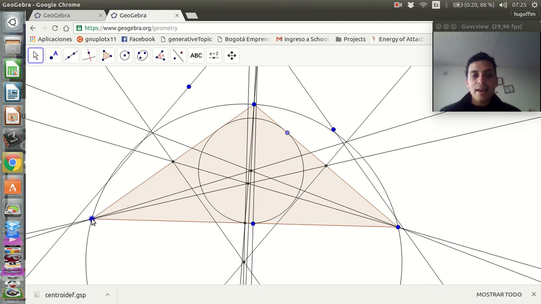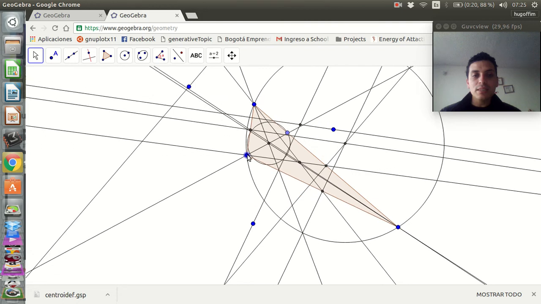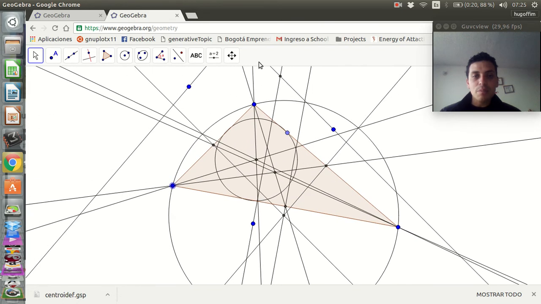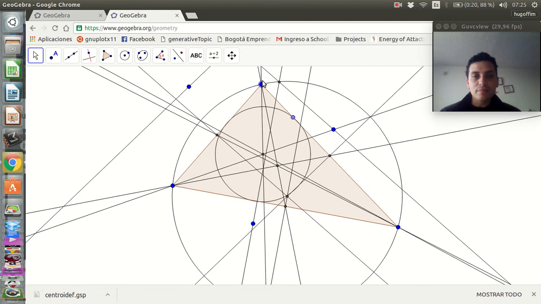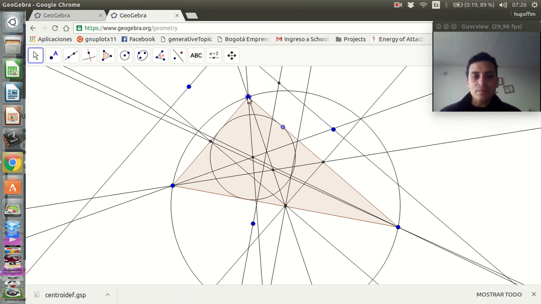And depending on the triangle, the orthocenter could be inside or outside the triangle.